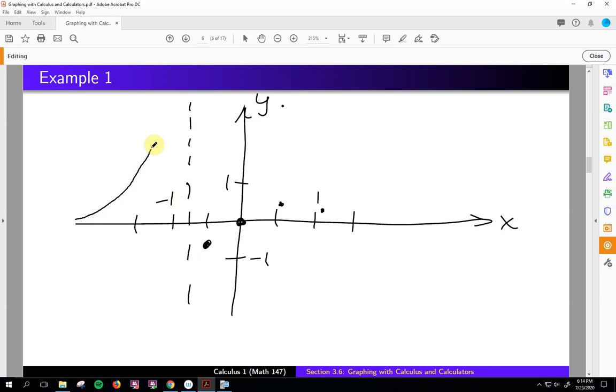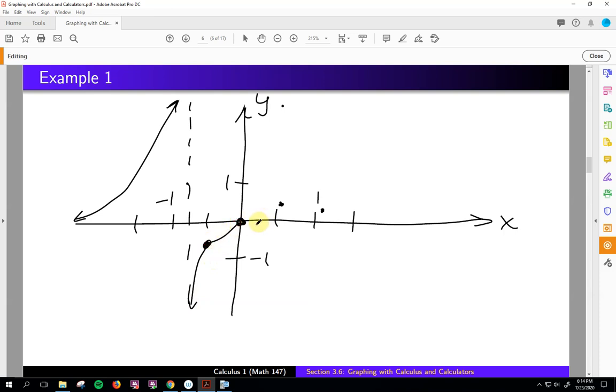It kind of swoops up to the left because it increases and it's concave up. And then it picks up from the asymptote. It's going to be concave down now up to this inflection point, but it's increasing. So this is what it looks like here. It changes to concave up between the two.